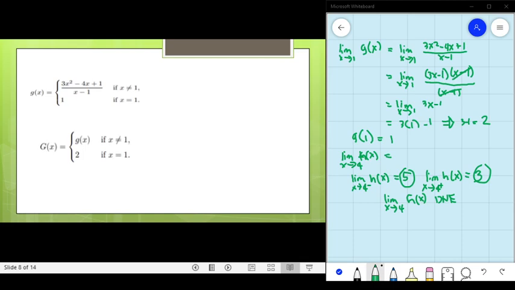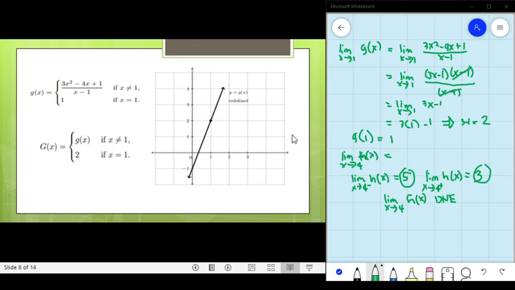But we can redefine it. Instead of saying 1 if x equals 1, we can make it 2 if x equals 1. So redefining the function means we change the statement so that we fill in the hole in the function.